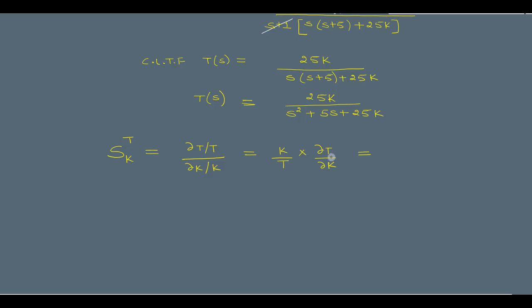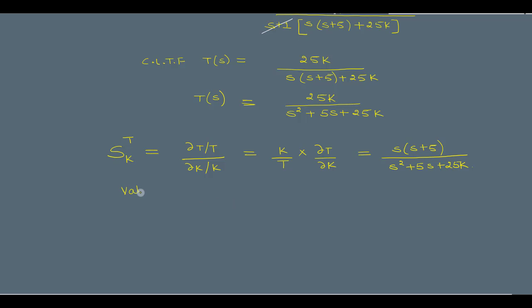Finding the differentiation of transfer function T with respect to K is homework for you guys. So directly I will write the answer. It will be S into S plus 5 upon S square plus 5S plus 25K.